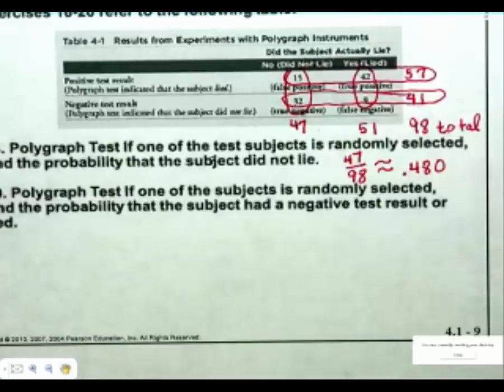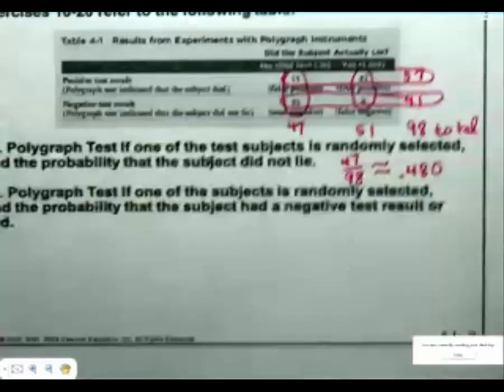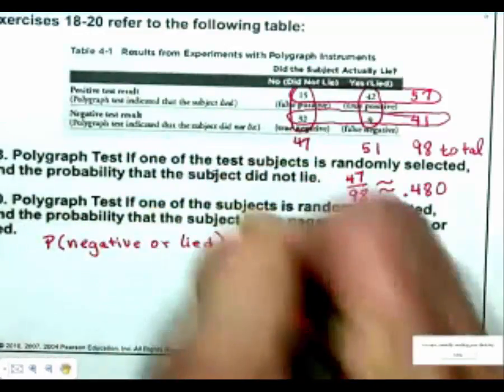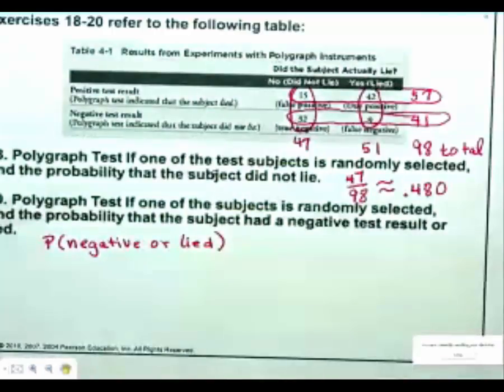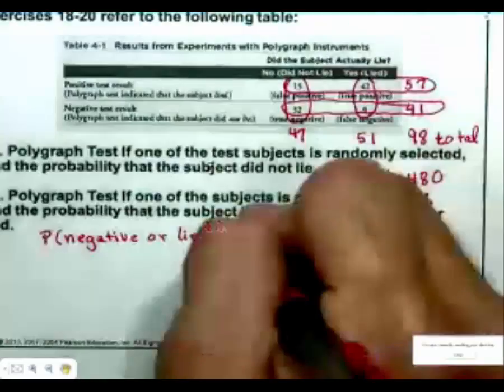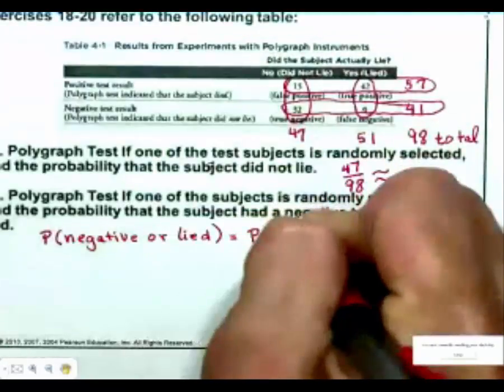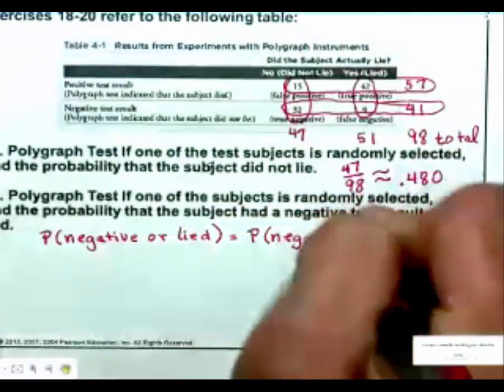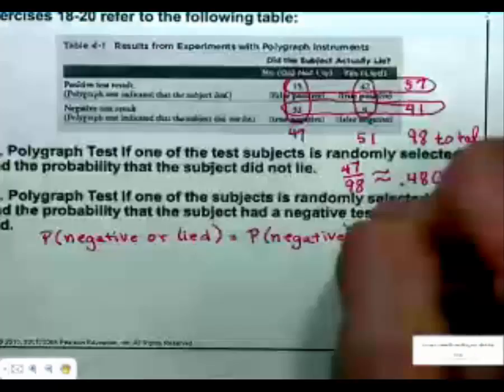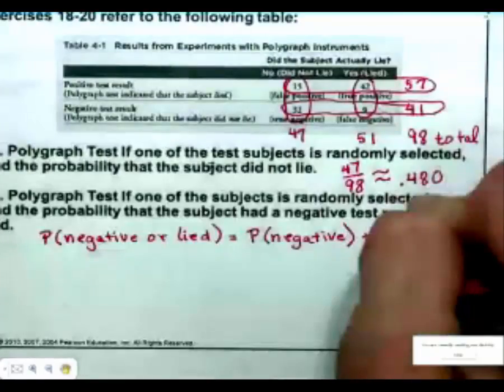If one of the subjects is randomly selected, what's the probability that the subject had a negative result or lied? All right, let me think about this for a second. I want the probability of negative or lied. The formal addition rule says I would have to find the probability for negatives and add the probability that I got a liar, liar, pants on fire.